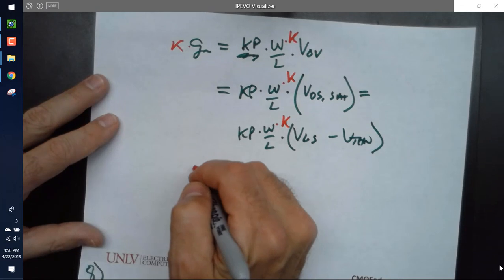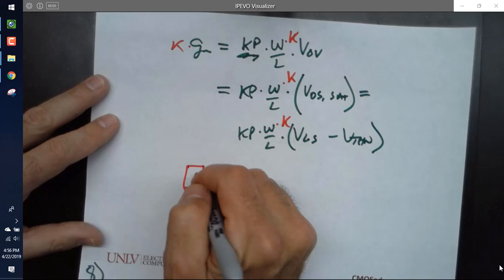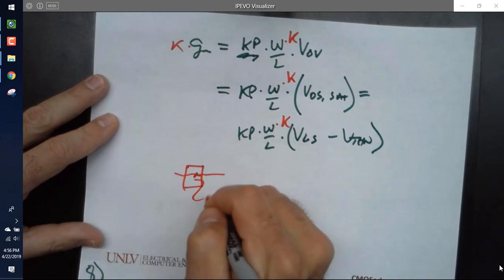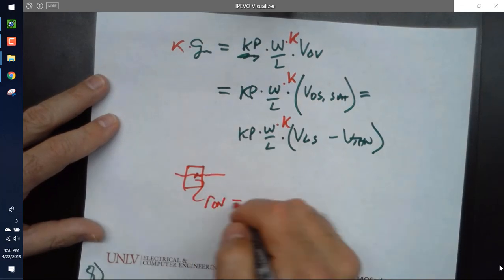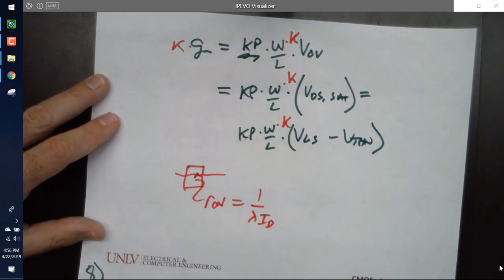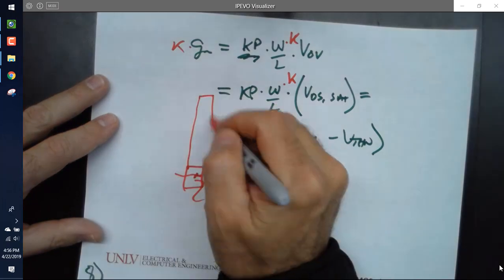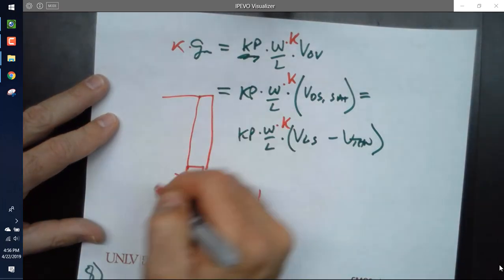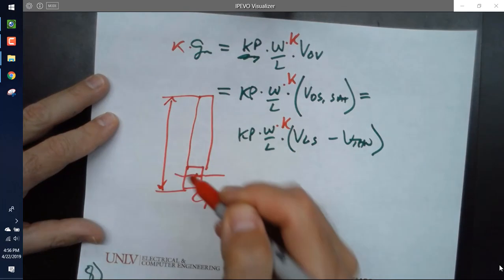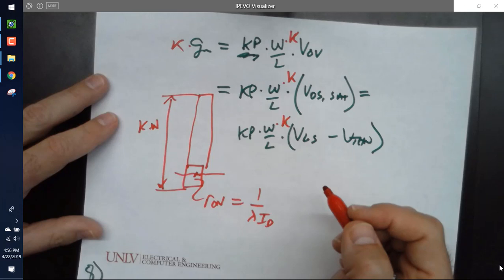So now, let's look at the MOSFET. Let's assume I have a MOSFET, and the resistance of the MOSFET here is Rout N, which is 1 over lambda times ID. And I keep the bias voltages the same, but I make them really wide so that now I have a K times W width.